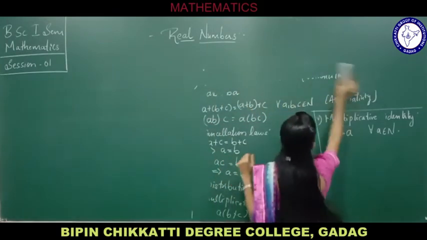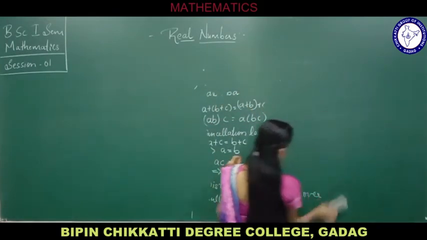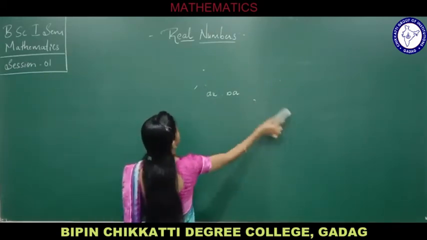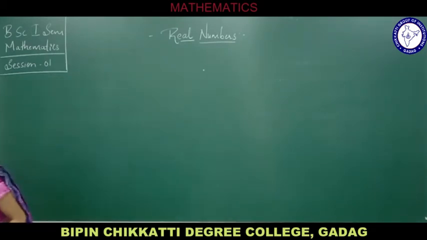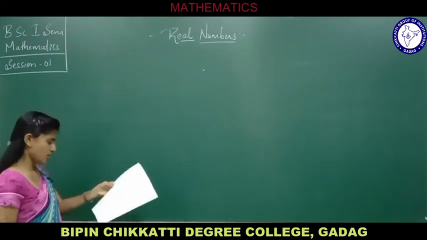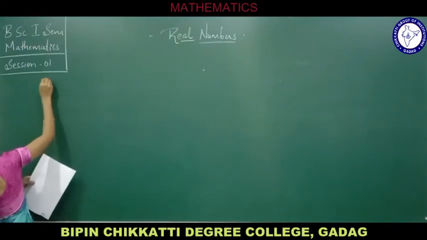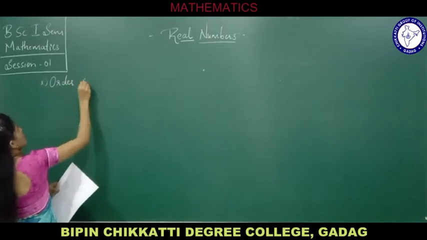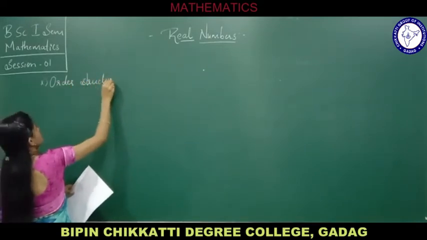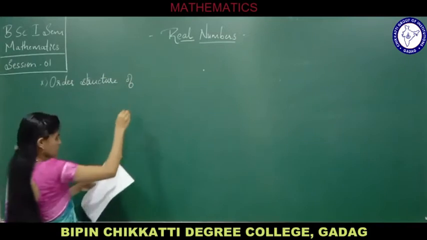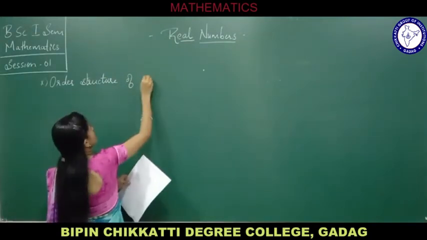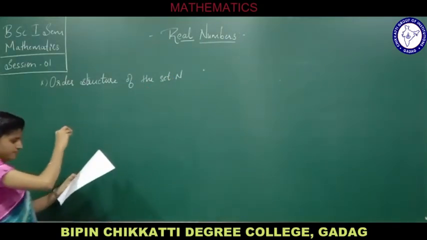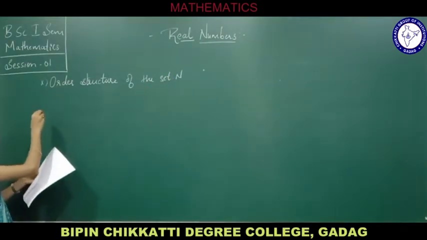Ordered structure of the set N of natural numbers.